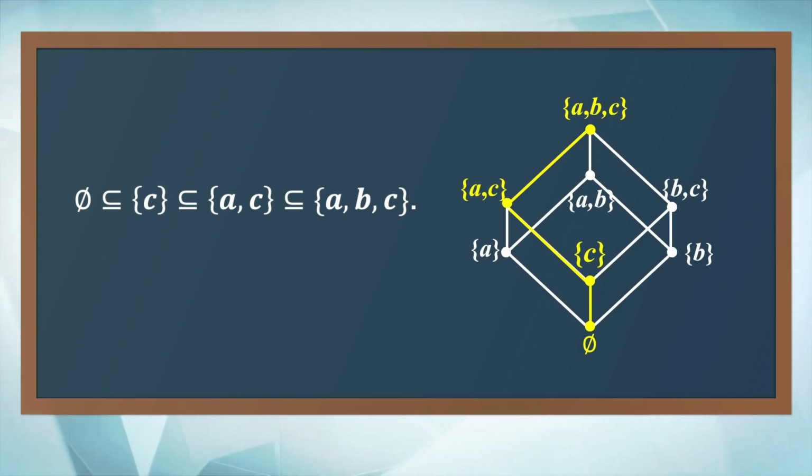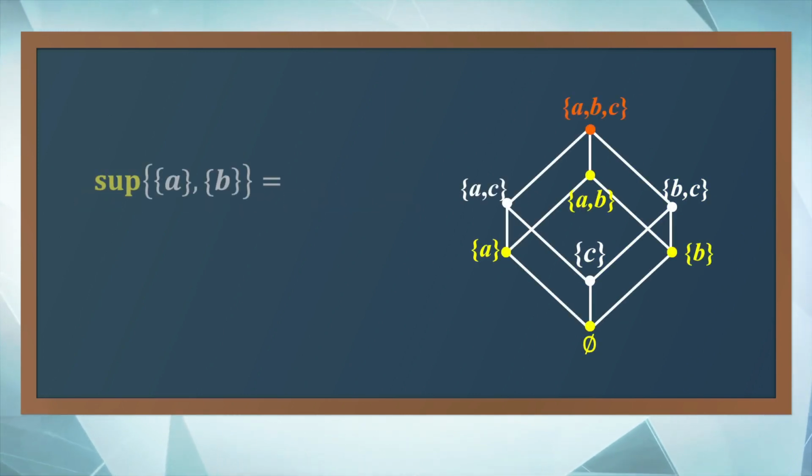This is a chain. Another example, the empty set is a subset of the singleton C, a subset of BC, a subset of ABC. This is also a chain. So, we only need to check the pairs of elements not in the same chain.